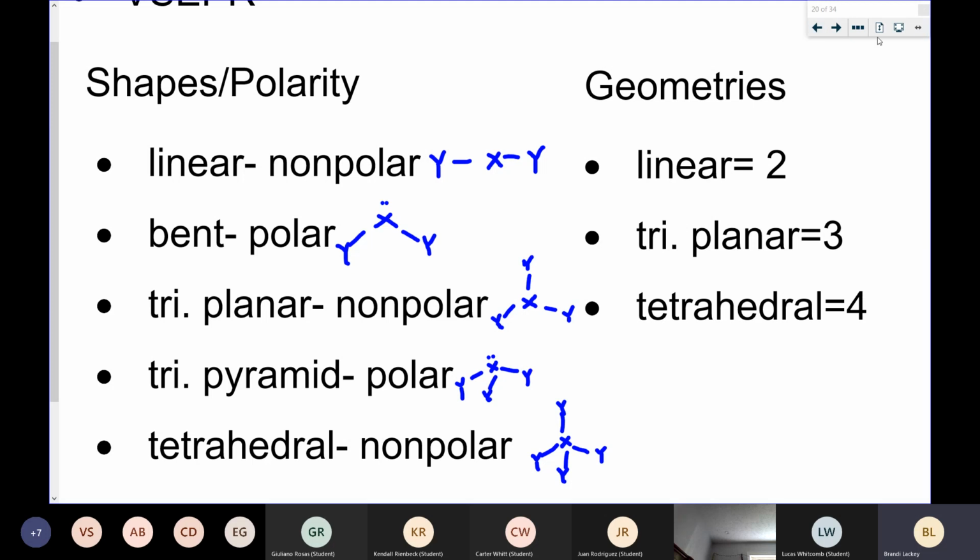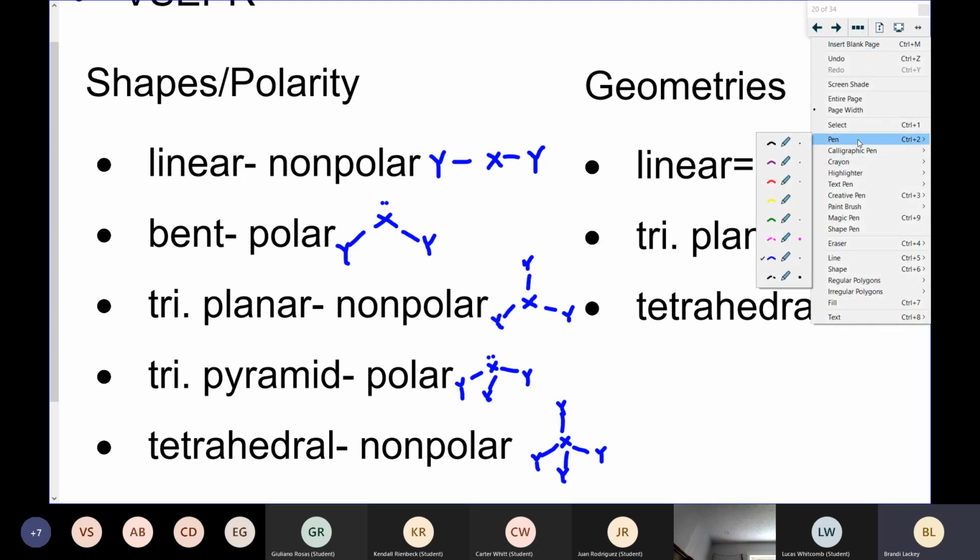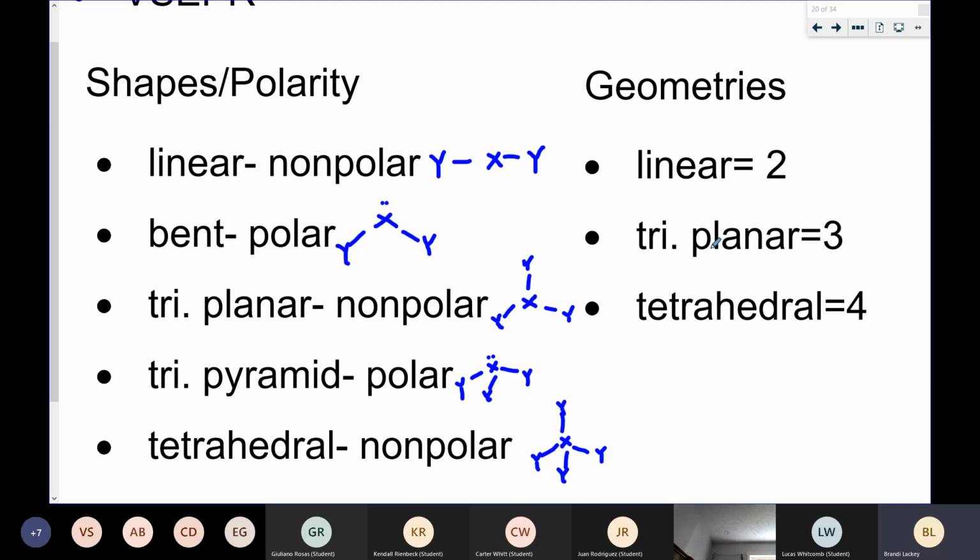Let me switch colors so you can see this more clearly. Let me do red. If we were looking at this bent shape right here, it has 2 atoms attached to the center atom and an electron pair on the center atom. So this would have 3 total groups on the center. So this would be trigonal planar whenever we're looking at its geometry.